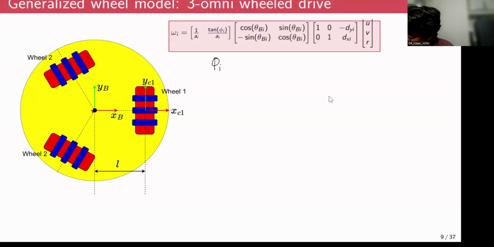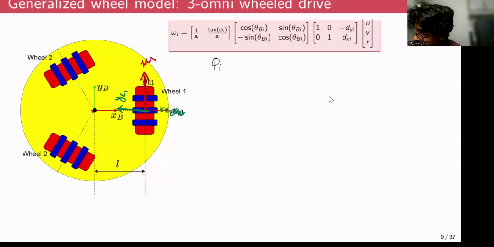So I'll probably redraw this with red color. So this is supposed to be XC1, and this is supposed to be YC1. So I'll just scratch this out.